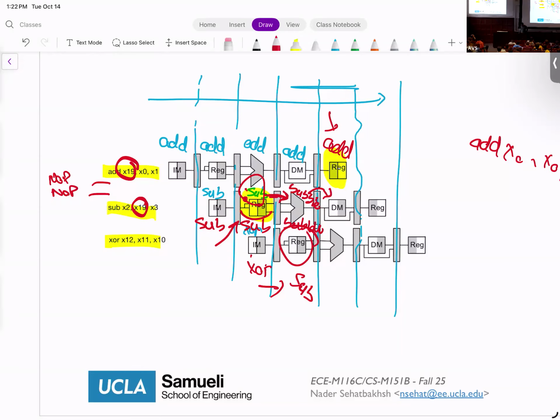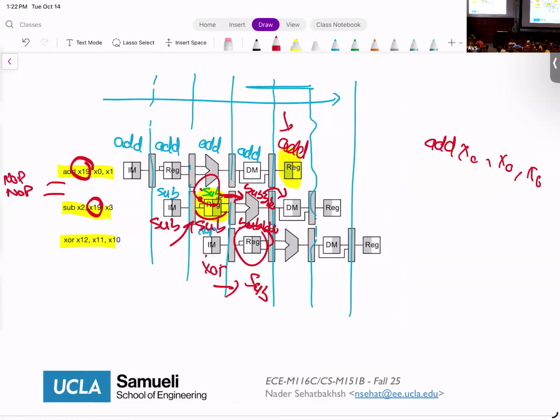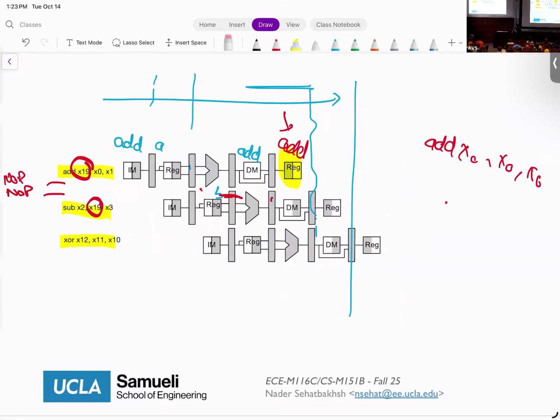The question is, why wouldn't inserting a bubble override previous instructions? That's why we do x0, x0, x0, right? So you let x0 go, it overrides x0, which is already 0. In the original pipeline, imagine that there weren't any dependencies.